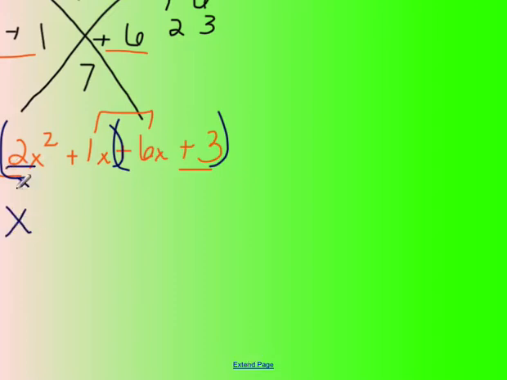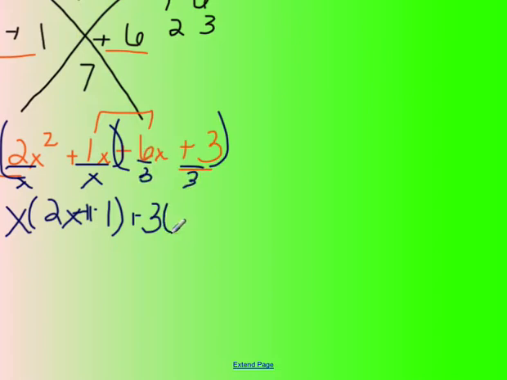So I'm dividing each term by x, and then I'm left with 2x squared divided by x is just 2x, and then 1x divided by x is actually just going to leave me with 1. So think back to that factoring by grouping. Between 6x and 3, you can take out a 3, so you're dividing each of these terms by 3. 6x divided by 3 is 2x, and 3 divided by 3 is 1.